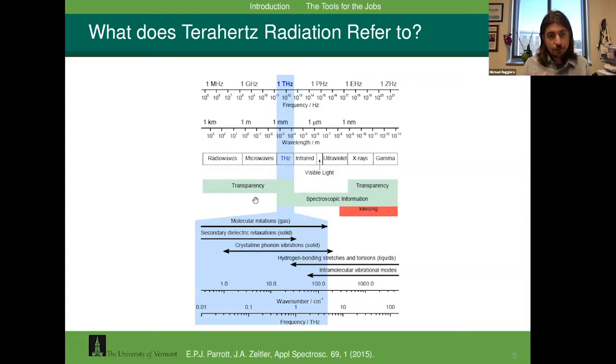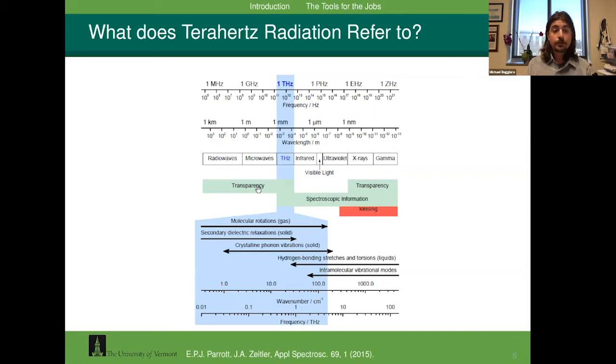One thing that's really interesting is where it falls, it borrows properties from the radio wave and microwave region, and it borrows properties from the higher frequency region, the infrared and visible regions. What it borrows from the radio and the microwave regions is that most materials are transparent to terahertz.